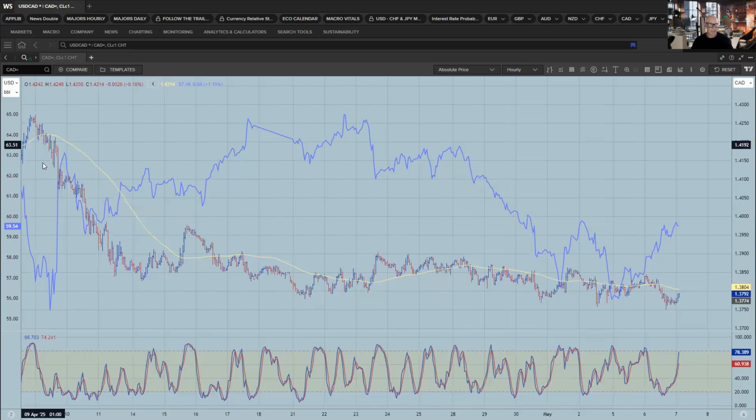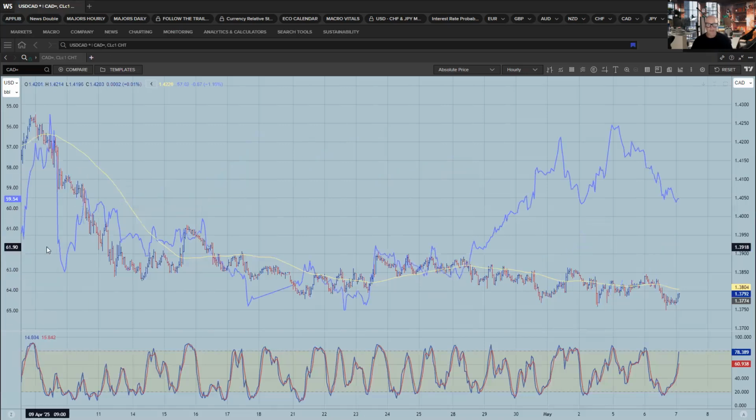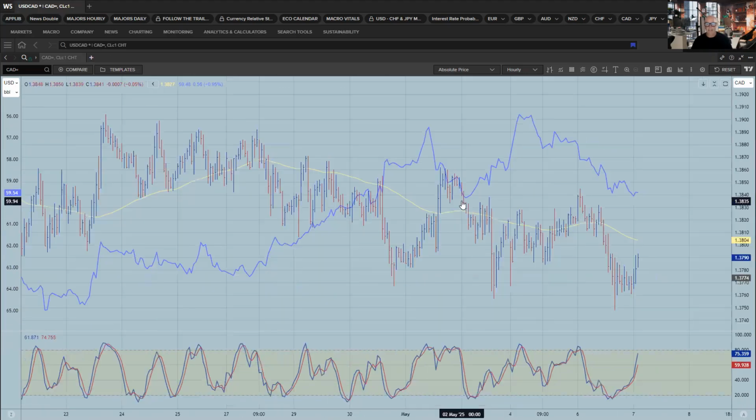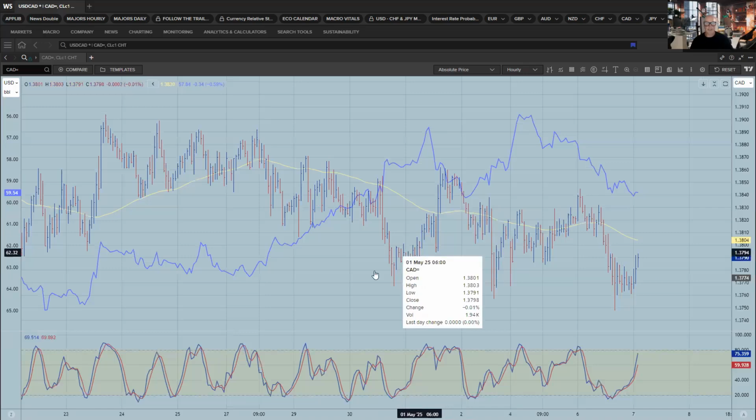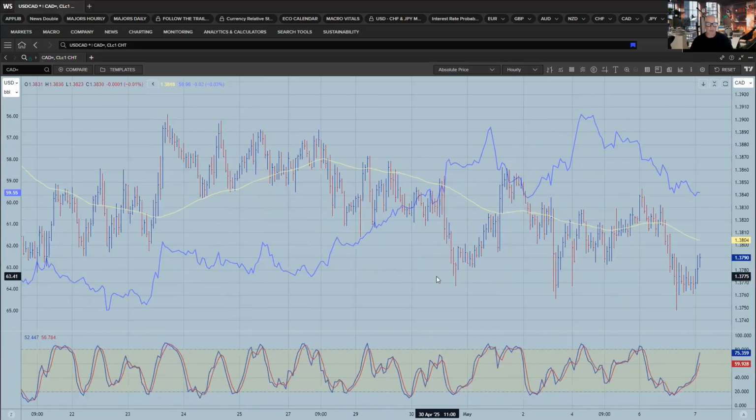Okay, so I simply click on the chart, invert scale, and now we can start to see exactly what oil is doing and when it is starting to correlate with dollar CAD, right? So when oil falls, right, don't forget this is going up is going down for the price. Dollar CAD should go up, right? That's the general relationship. So you'll be able to see when that correlation is very strong and when it's very weak, right?